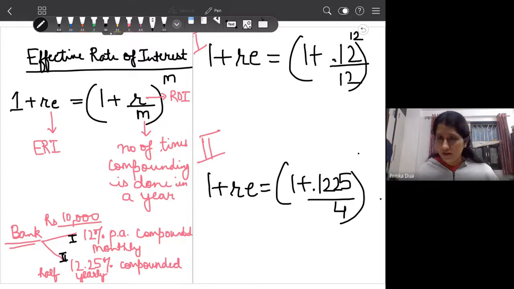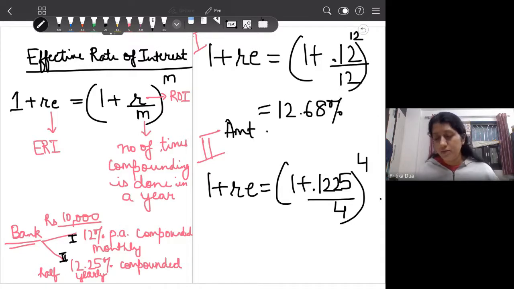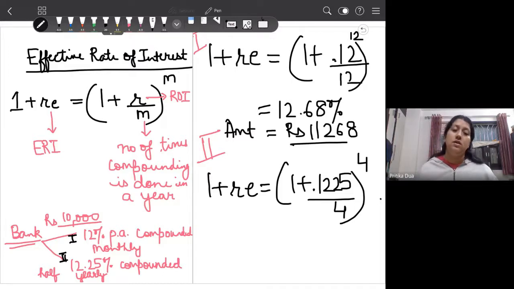So yes, this rate of interest will come out to be 12.68%. Amount received will be rupees 11,268. So if you are asked in the question what will be the effective rate of return, it is 12.68%. Similarly, for the second part, the effective rate of interest and amount is what we need to calculate.